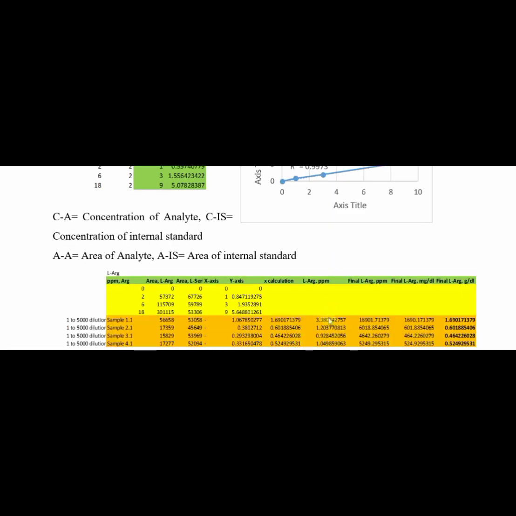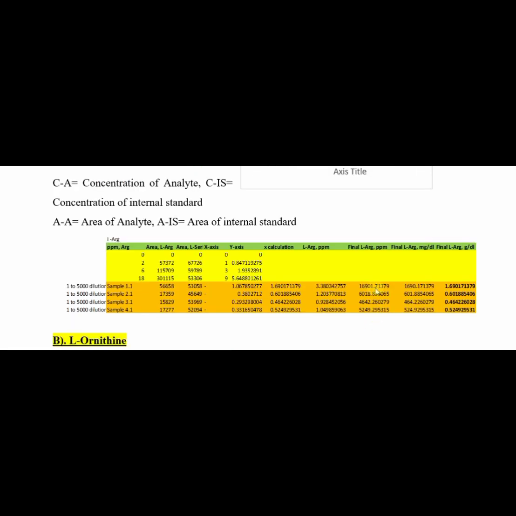Then L-arginine ppm was determined by multiplying the x calculation by the ppm of L-serine, that is 2 ppm, so 1.69 becomes 3.38. Then final L-arginine ppm, because it was diluted 5,000 times, was multiplied by 5,000, and finally L-arginine in milligram per deciliter.